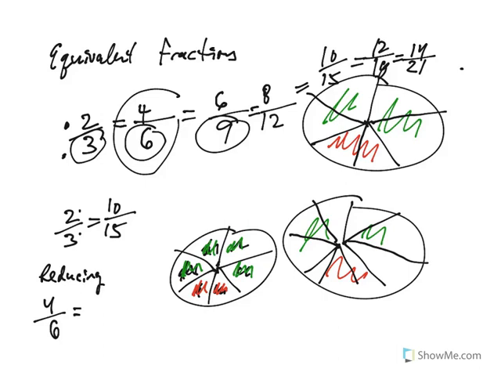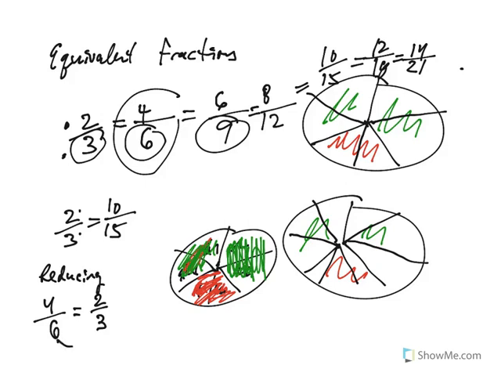I can make the total number of slices smaller by fusing 2 pieces together. So these 2 pieces become one big piece, and these 2 pieces become one big piece, and these 2 pieces become one big piece. And if I fuse 2 pieces together, now it's turned into 2/3.